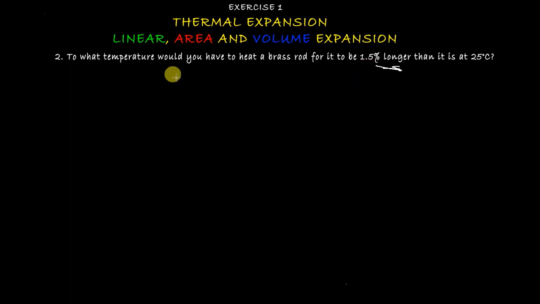And then they want us to find the temperature, but we know the formula is given by the change in length is equal to the coefficient of linear expansion times the initial length times the change in temperature. So they want us to find T final, the final temperature, because we've been given that the initial temperature was 25.